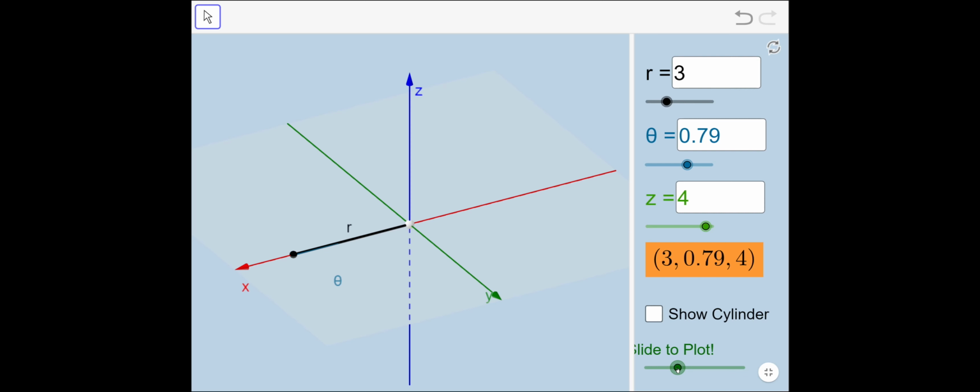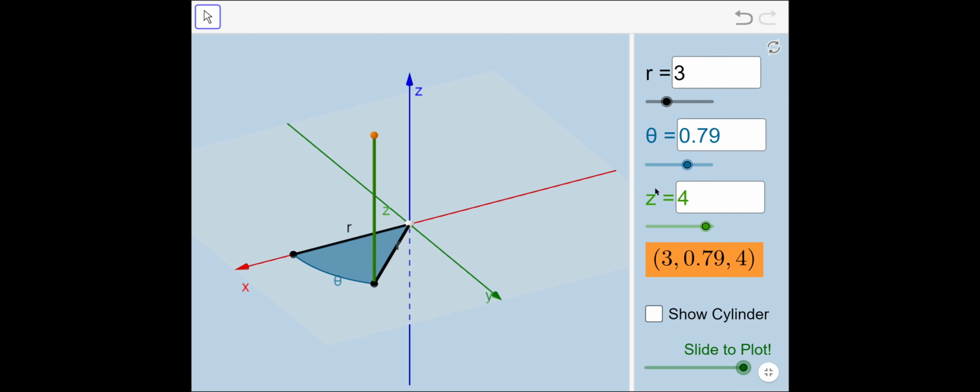And then once you do that, you rotate in the xy plane by an angle of theta. And then at this point, what you have is the projection of the point, and then you need to go up by the height over here, which is the z. Okay, so that's the point in r theta z.